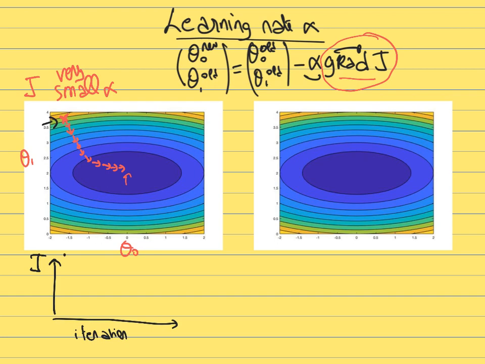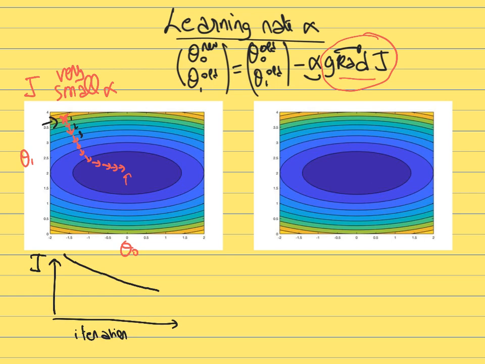Then you do iteration number 1, 2, 3, etc. Your cost function is going to decrease, but very, very slowly, which means it's going to take a very high number of iterations before you eventually find the minimum. That's not a dangerous way, because you will still find the minimum if you're patient enough, but it really can take a very long time, because you are only making very tiny steps at each step of the gradient descent.